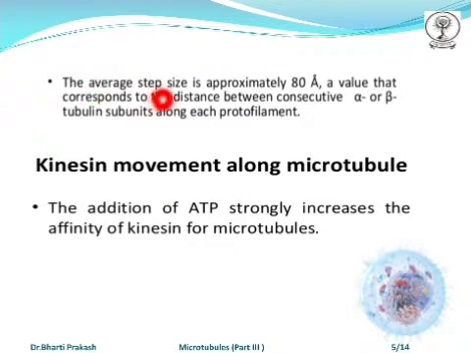The average step size corresponds to the distance between consecutive alpha or beta tubulin subunits along each protofilament. The kinesin movement along the microtubule is strongly increased by the addition of ATP.